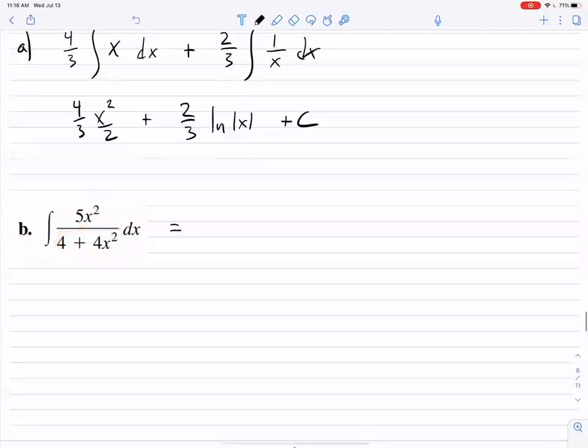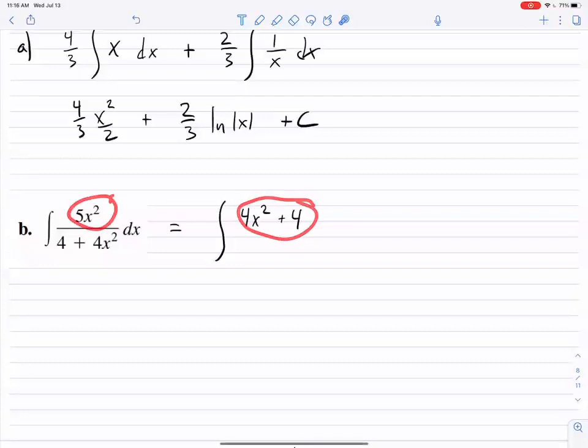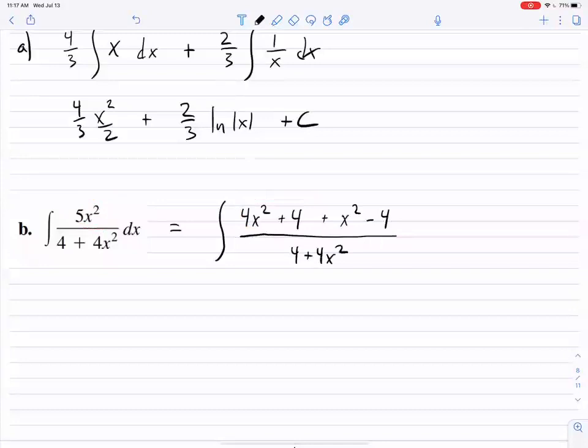And so this is actually going to be the integral of, so I want to produce a 4 plus 4x squared on the bottom so that it will cancel out with that on top. And so let's rewrite this as 4x squared plus 4. But how do we get that to be on top to equal 5x squared? Well, I need to add an x squared and then minus 4. So that will add up to be what's on top. That adds up to be 5x squared, and the bottom is 4 plus 4x squared.